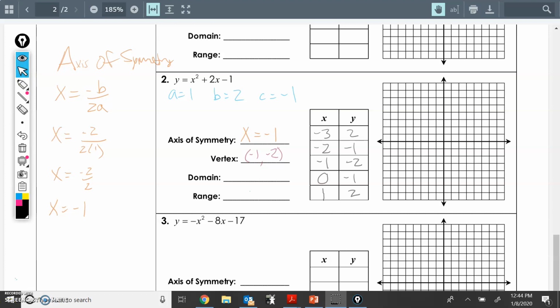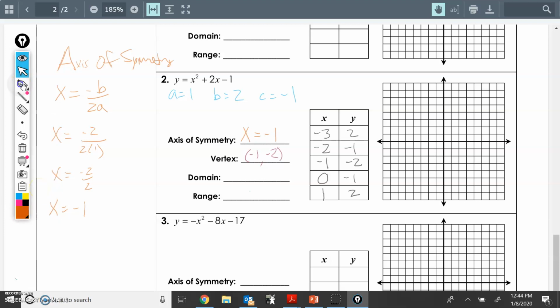So what I did is I put in these numbers and found the outputs. If I plugged in -3, I would get 2. If I plugged in -2, I would get -1. If I plugged in 0, I would get -1. And if I plugged in 1, I would get 2.